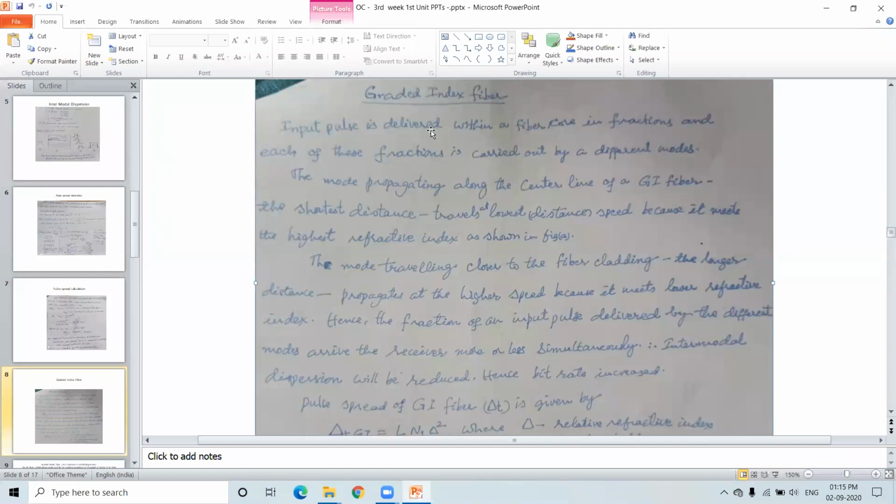The first mode travels slightly greater distance than the 0 mode, so make that velocity slightly greater than the 0 mode. The second mode travels more distance, so let us make its speed slightly greater than the first mode. The third mode travels more distance, therefore let us make its velocity slightly greater than the second mode.